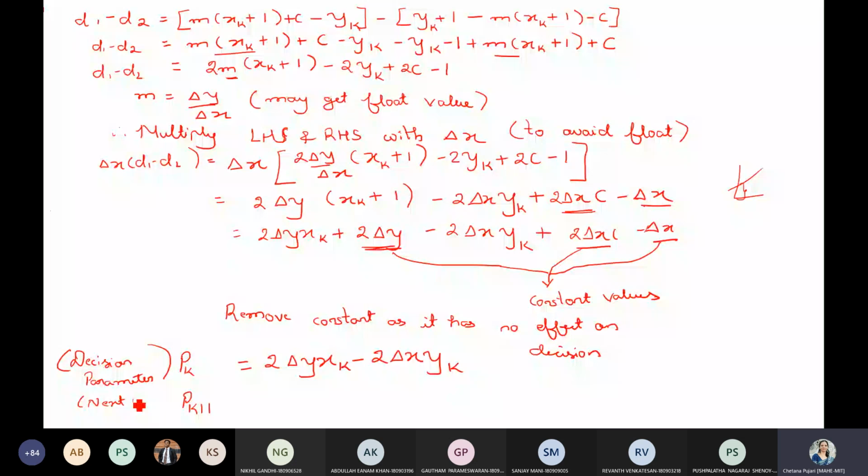We can write this as 2 delta y, this is xk, or let's just write next, because we don't know what the next value of y is. So we'll just write next. You can take down till here, and if you have any doubt, you can ask. Then we'll go to the next slide.